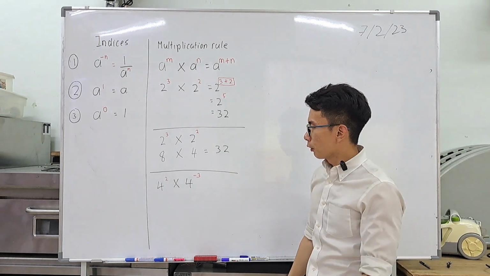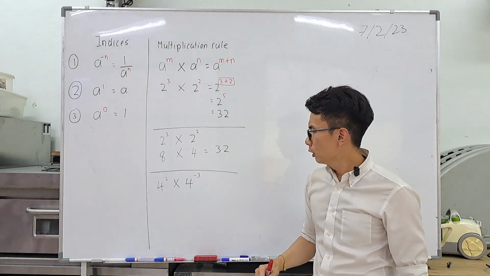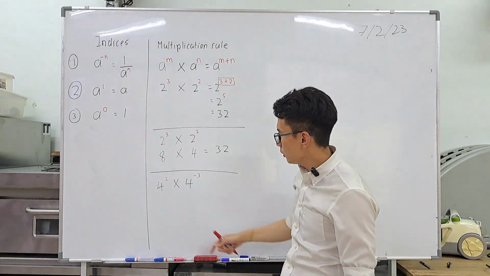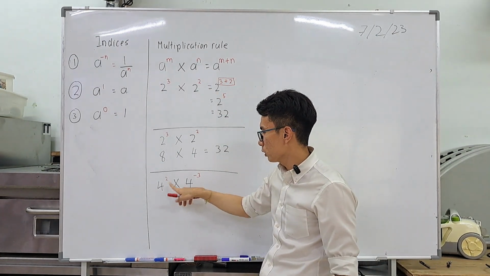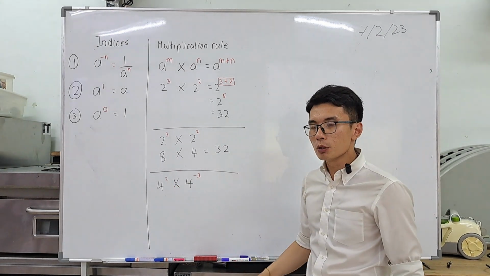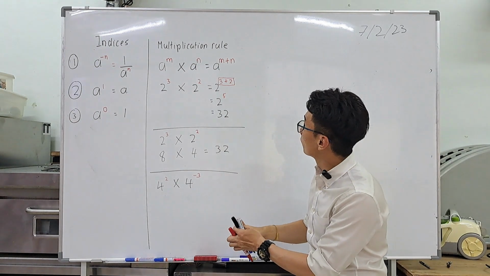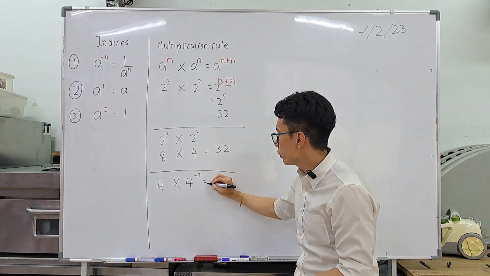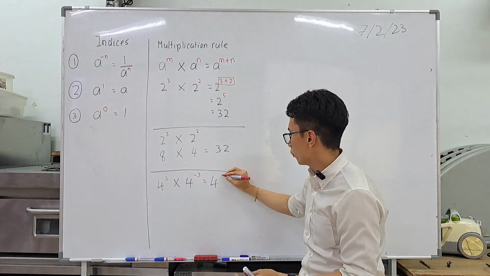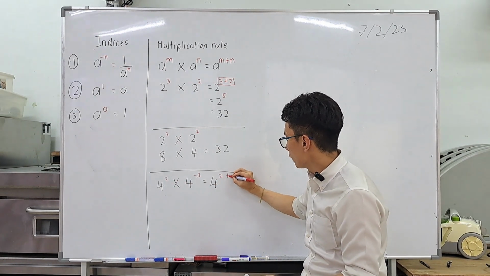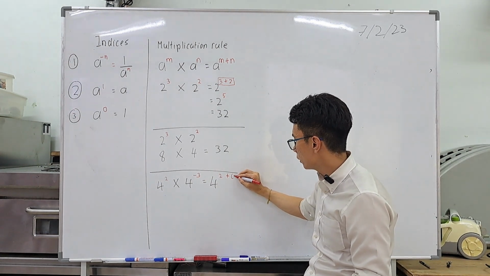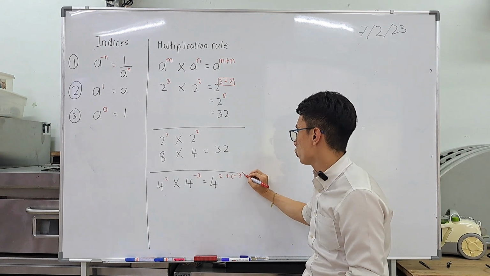Very similar to the multiplication rule, since we have the same base, we can add up the powers. So I can rewrite this as 4 to the power of 2 plus negative 3, and I am going to add a bracket and put negative 3 in it.